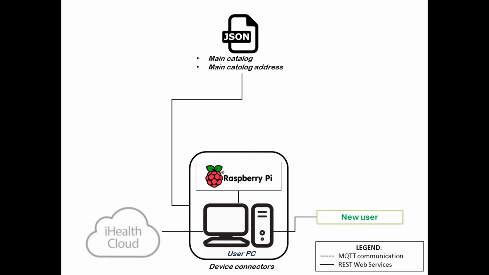A new user can be added to the catalog with the new user microservice. In the first step, we retrieve the user's data from the IoT cloud, and to avoid redundancy for each user, all the information needed to access the cloud, such as API key, certificate, client ID, client secret, and the access token, are taken from the main catalog with a RESTful style communication.